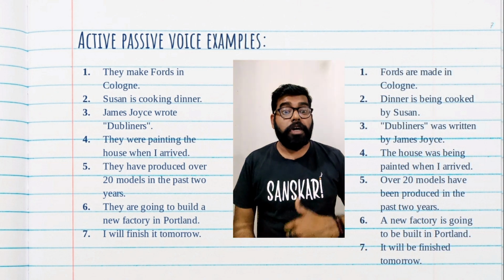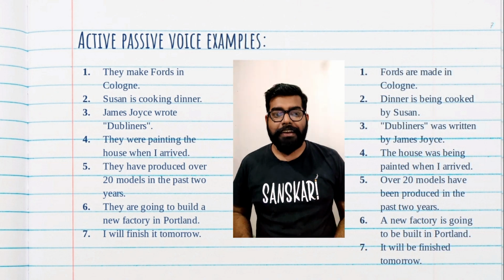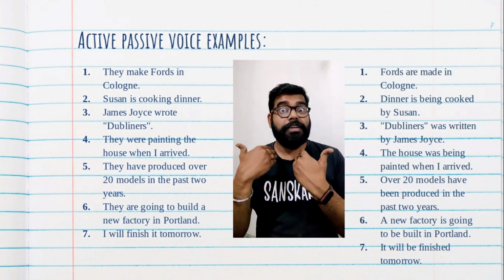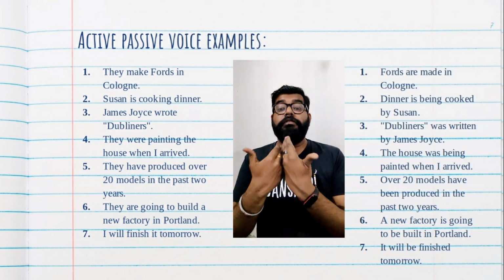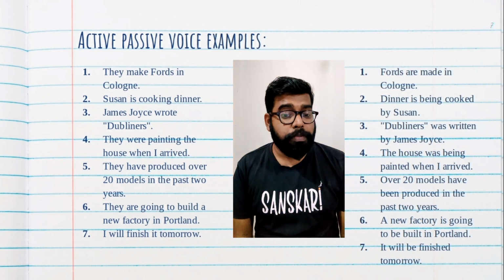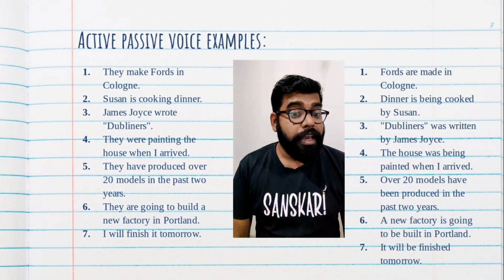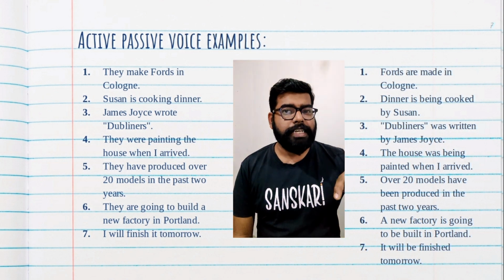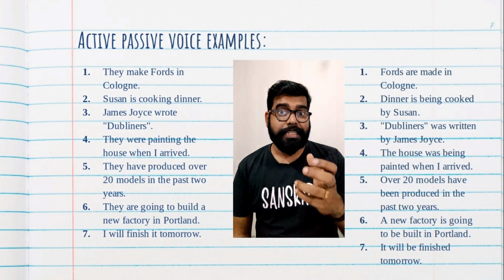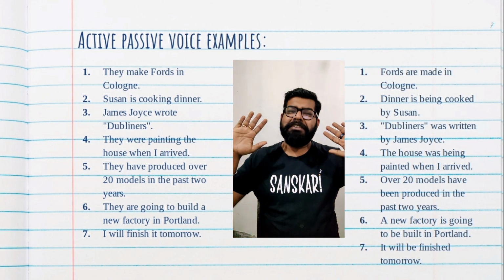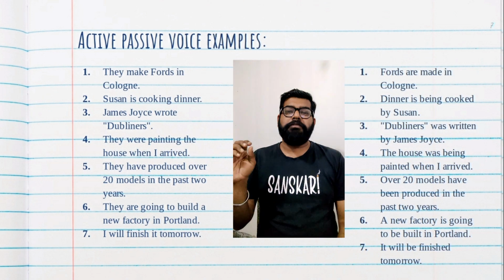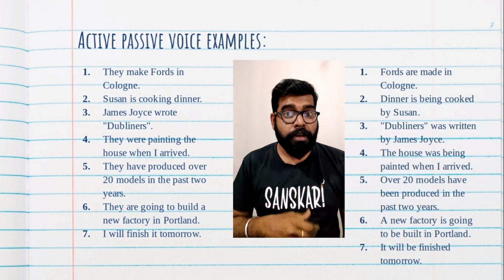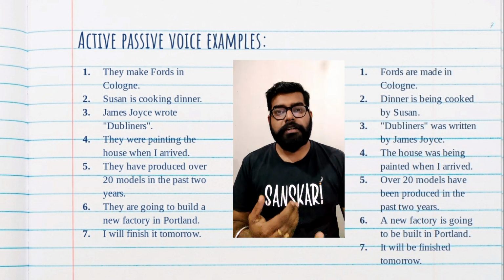They are going to build a new factory in Portland. Again, they are going to. So this is future. They're talking about the future. They are going to build. This is technically simple future, by the way. They are going to build a new factory in Portland. Technically, these are the sentences which have infinitive. To build is an infinitive. Now, always remember, whenever you see an infinitive, to build, you always have to add the word be, the simple form of the verb, like present form of the verb be.